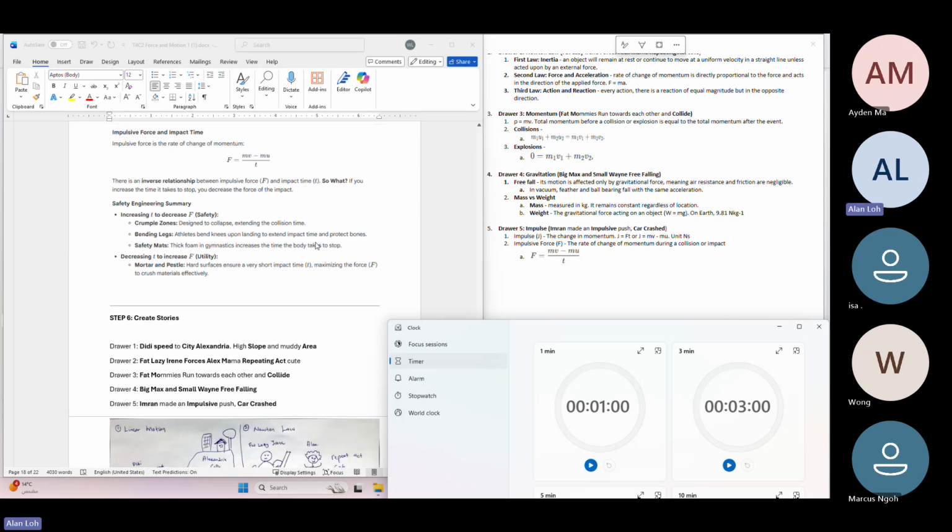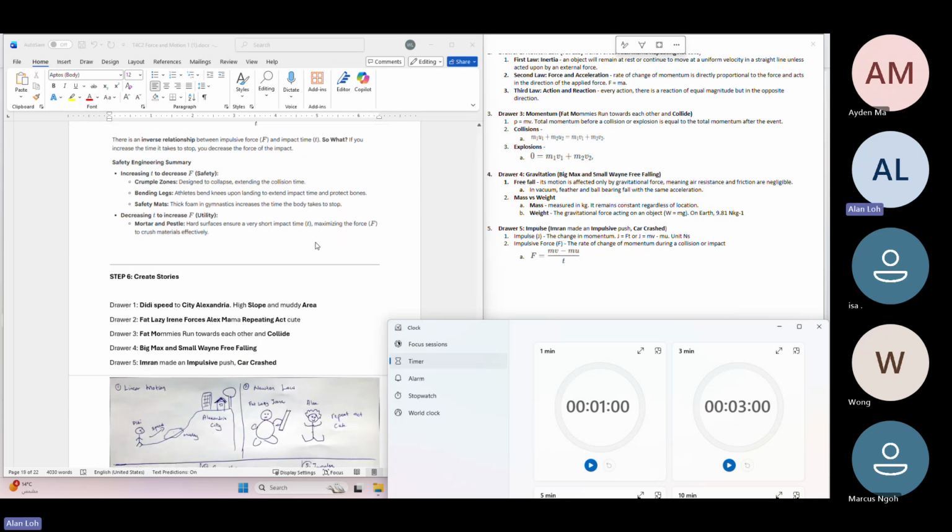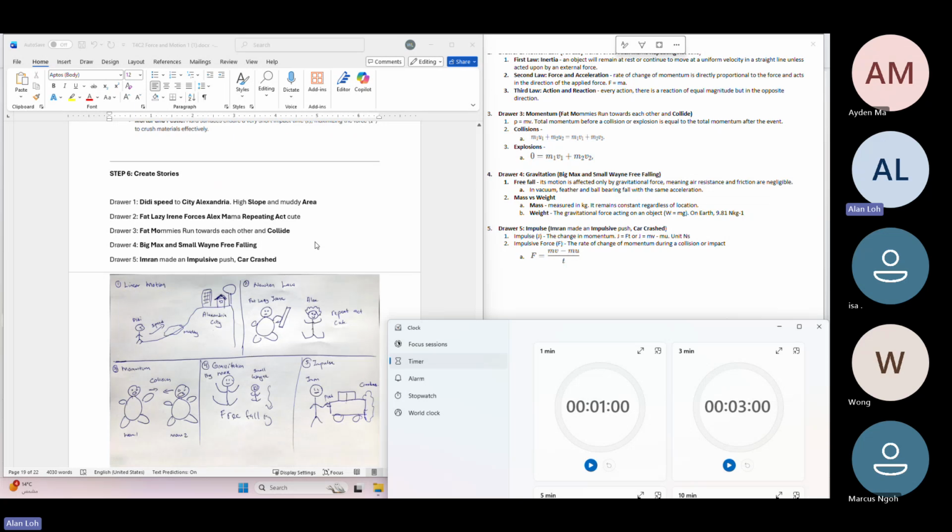Now let's go to step 6, create story, which I think we have done some of the drawers.